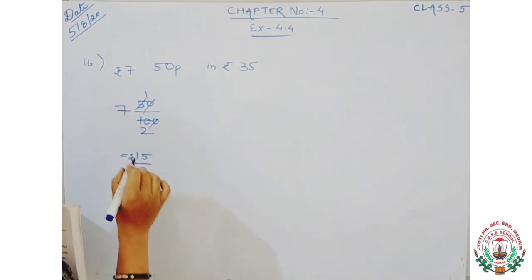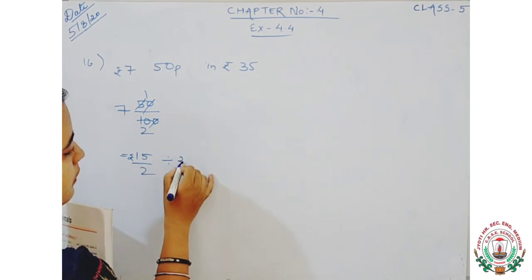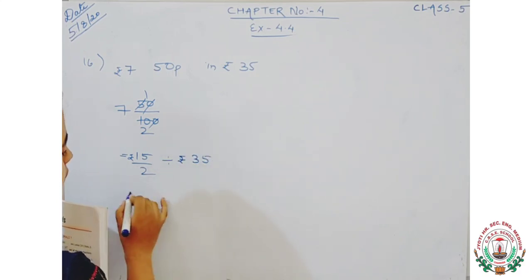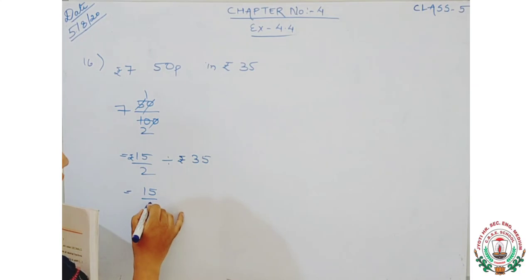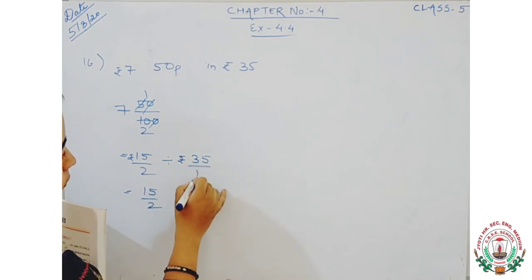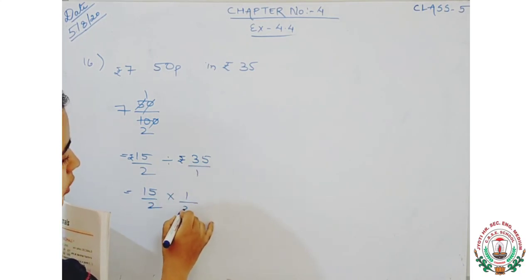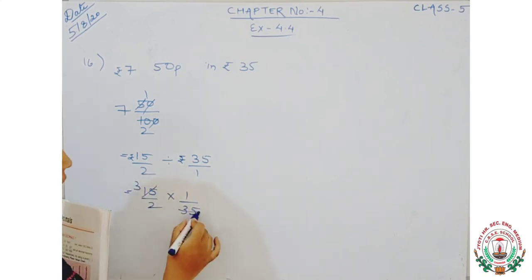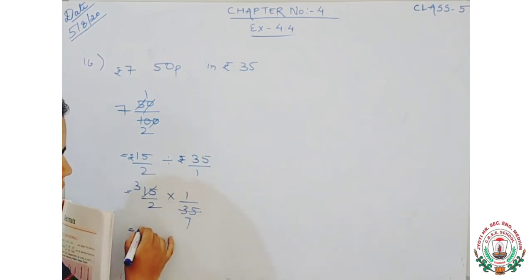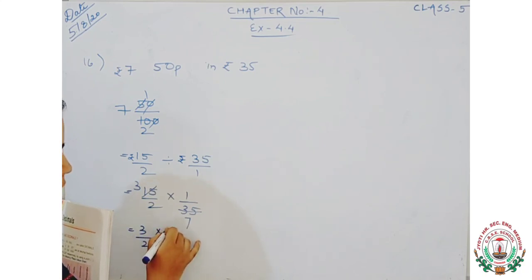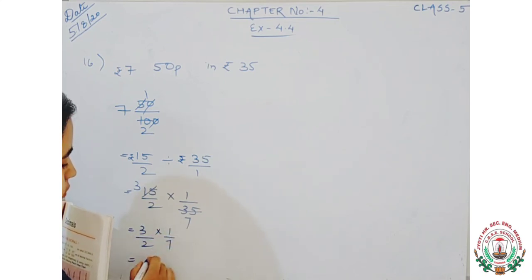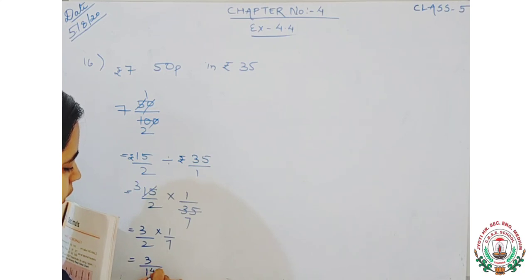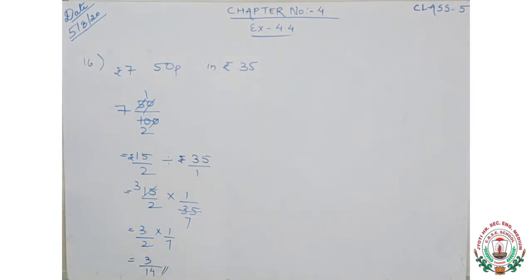This is converted into rupees, divided by rupees 35. 15 by 2 into 1 upon 35. 5 threes are 15, 5 sevens are 35. 3 by 2 into 1 upon 7 is equal to 3 by 14. So what is the answer? Answer is 3 by 14.